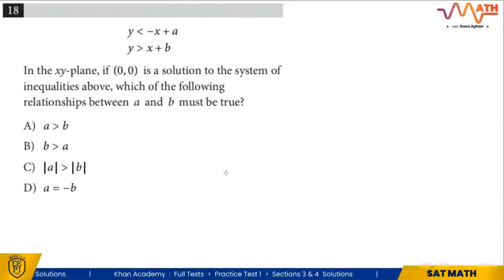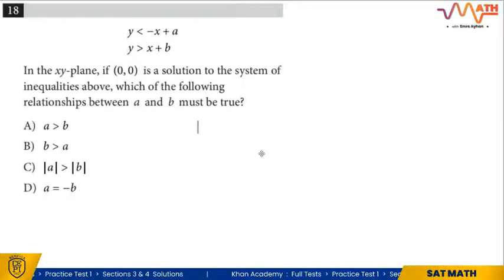Question 18. In the xy plane, (0, 0) is a solution to the system of inequalities. Relationships A and B must be... When we substitute 0 and 0 into this system of inequalities, what will we obtain?